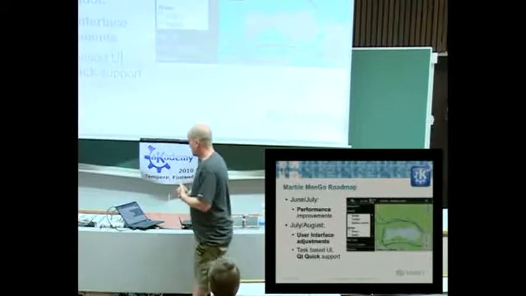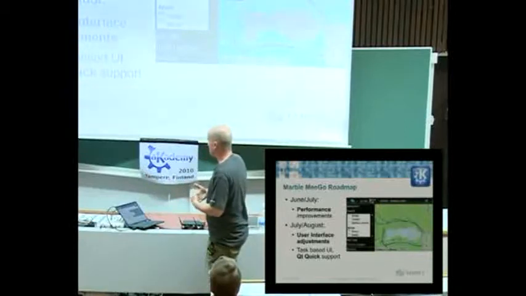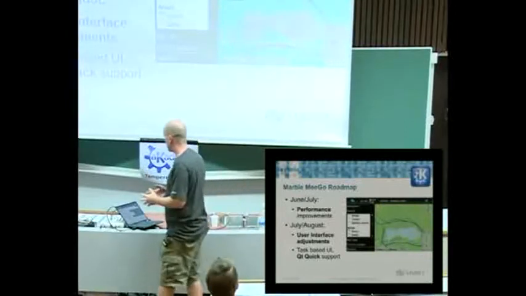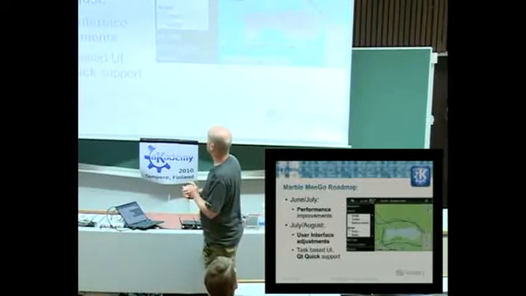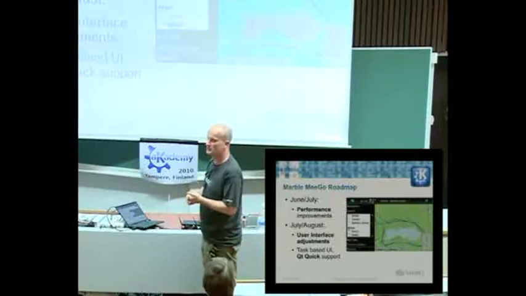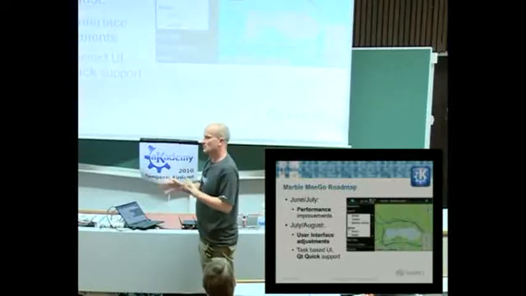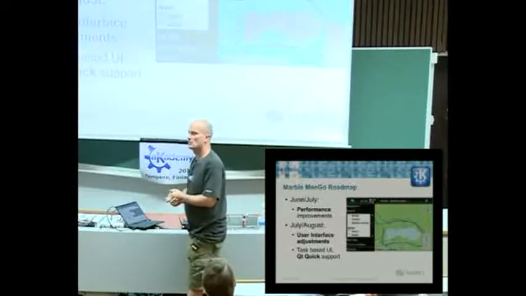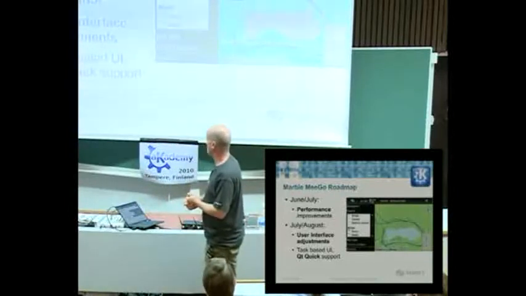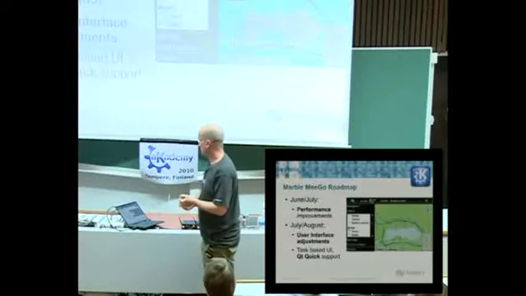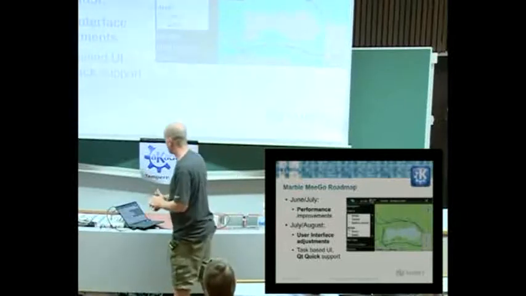Yeah, but the focus now is to get it run on the MeeGo platform. Currently, we are working on improving the performance. The performance on Maemo is, well, it's usable, but we'd like to get it really fast. And that's something that I've been working on during the last few weeks.